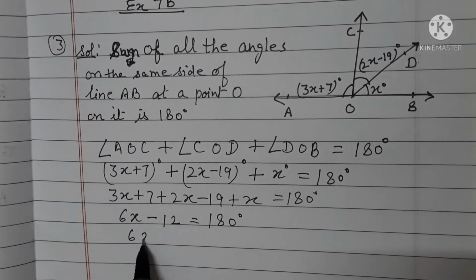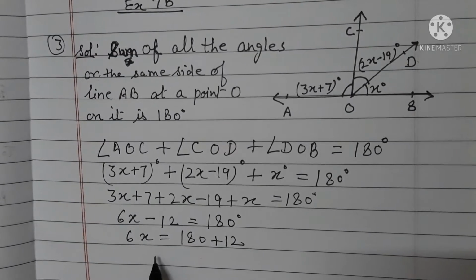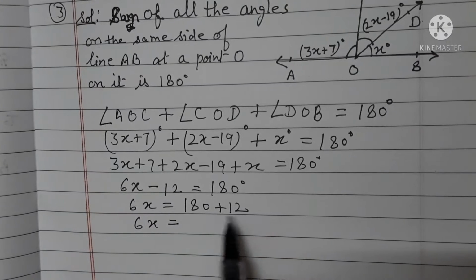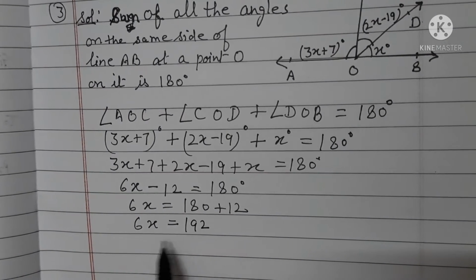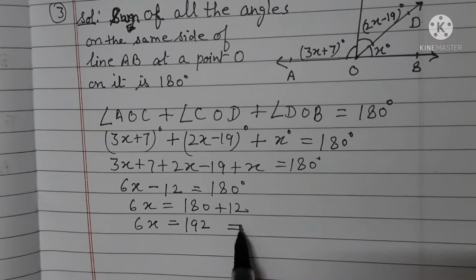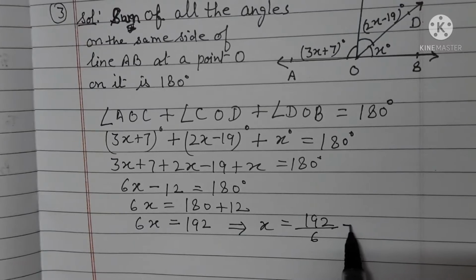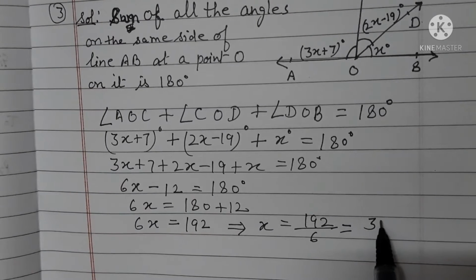Now 6x is equal to 180 plus 12. 6x is equal to 192. x is equal to 192 upon 6. Dividing, 6 3s are 18, 6 2s are 12.